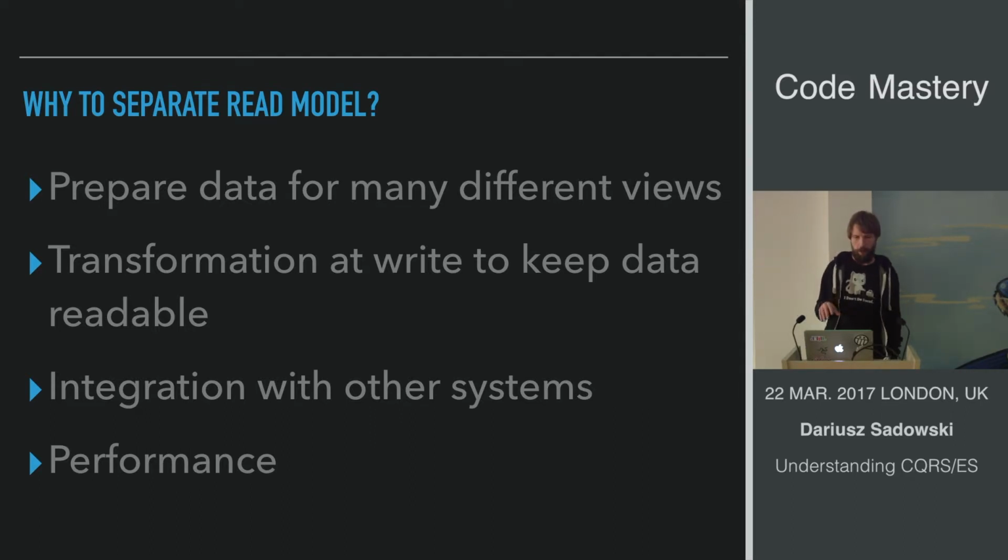Transformation, I think I skipped. Write model is where the change happens, and after the change, the data are transformed into the read model, so we keep it in sync.